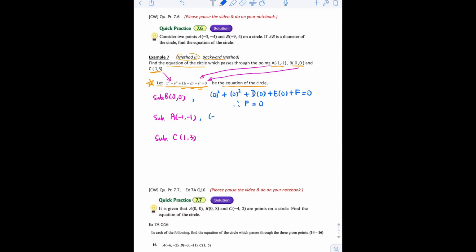Here we have (-1) squared plus (-1) squared plus D times (-1) plus E times (-1) plus F, with F being 0, in the equation. So after simplifications, you get a linear equation in two unknowns, D and E. And similarly, for the third point C, you substitute into the equation.